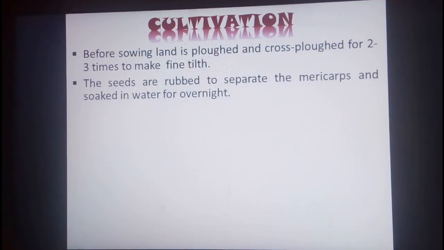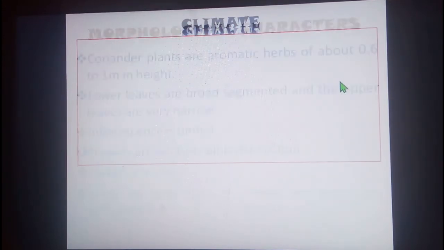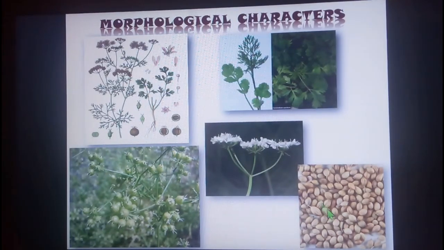The seeds are rubbed in order to separate the mericarps, because if you take a look at the fruit, these are the dry fruits. Now these are rubbed before sowing in order to separate the mericarps with one seed inside. There are two seeds inside each of the fruits.